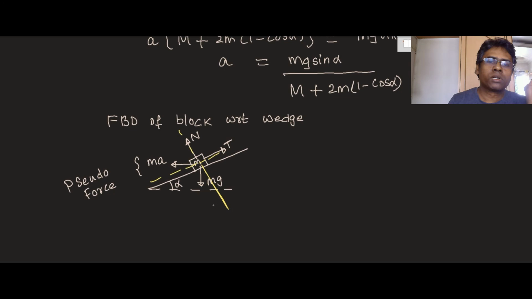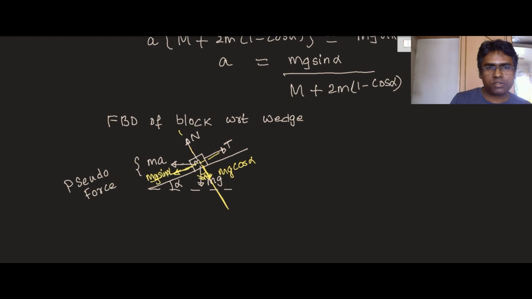In this case we will have to resolve the gravitational force and the pseudo force. If I first resolve the gravitational force, along the line perpendicular to the incline, if this is alpha, this will be alpha. So we have here mg cos alpha, and I'm assuming by this time you are aware of this. And then down the incline, I have mg sin alpha.